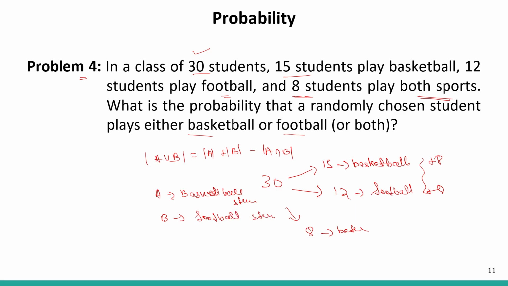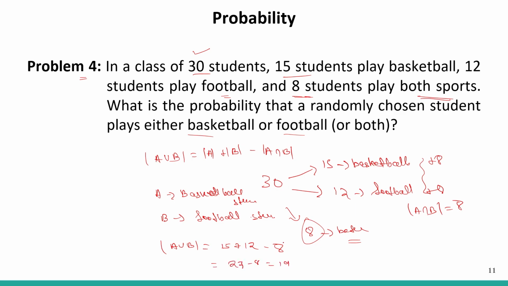So cardinality of A union B is 15 plus 12, and because 8 students play both football and basketball, the cardinality of A intersection B is 8. We subtract 8, so we are left with 27 minus 8.